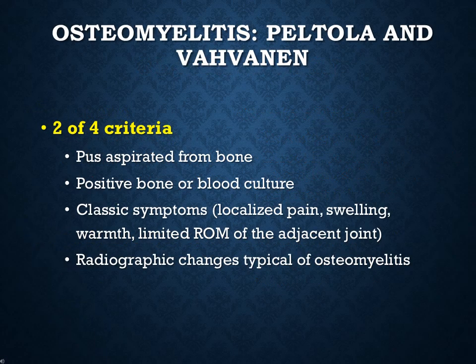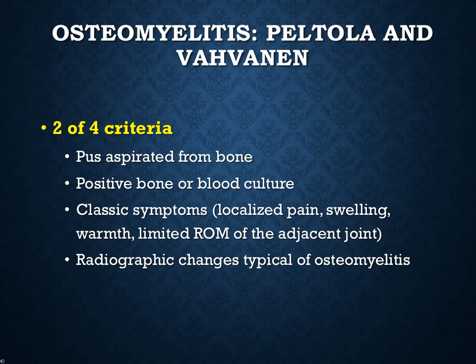According to the Peltola and Vahvanen criteria, the diagnosis of osteomyelitis is established when any 2 of the following 4 criteria are present. These include pus aspirated from bone, which provides direct evidence of infection. A positive bone or blood culture supports the microbiological diagnosis.